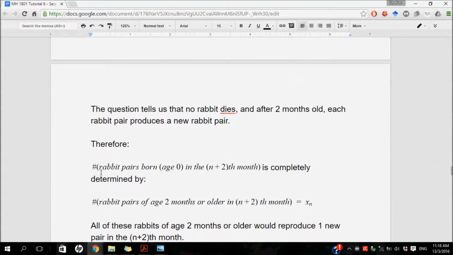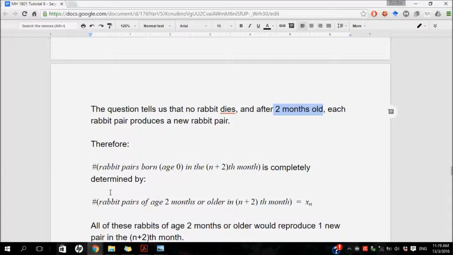It would be the number of rabbit pairs born, that is of age 0, in the n plus 2th month. But if a rabbit pair is born in the n plus 2th month, it must have come from a rabbit pair that was existing before the n plus 2th month, that is older than age 0, and it should have been 2 months old.